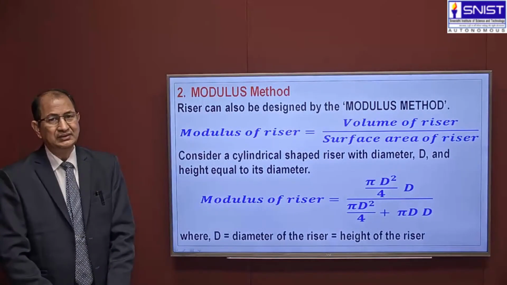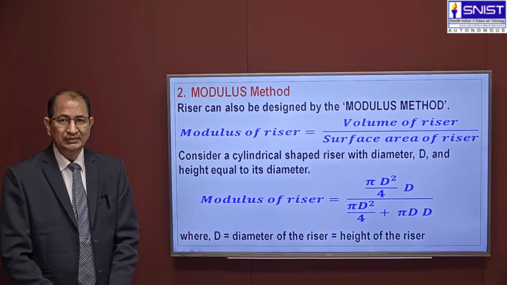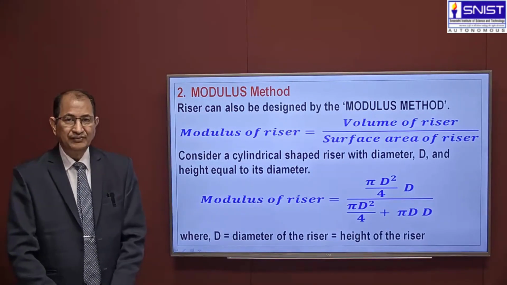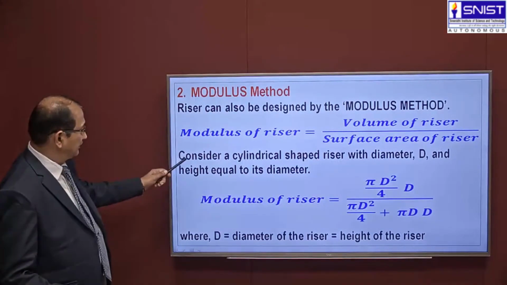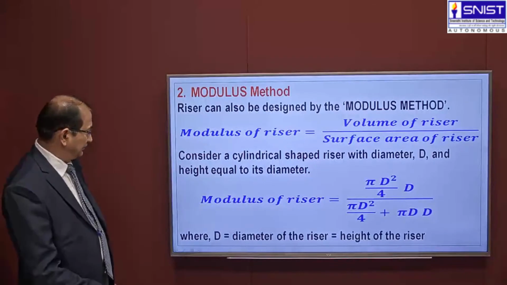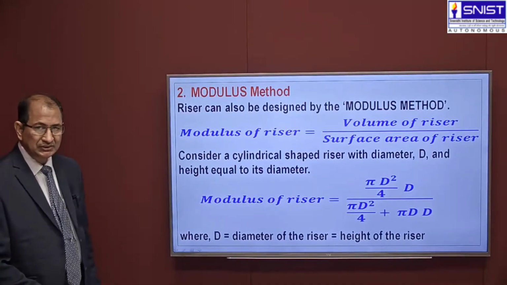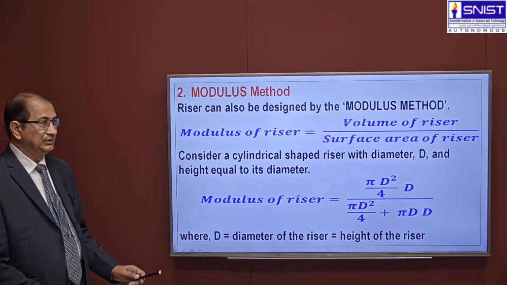The second method is the modulus method. Here the riser can also be designed by the modulus method. Modulus of riser is equal to volume of riser divided by the surface area of the riser. Consider a cylindrical riser with a diameter d and a height equal to its diameter.